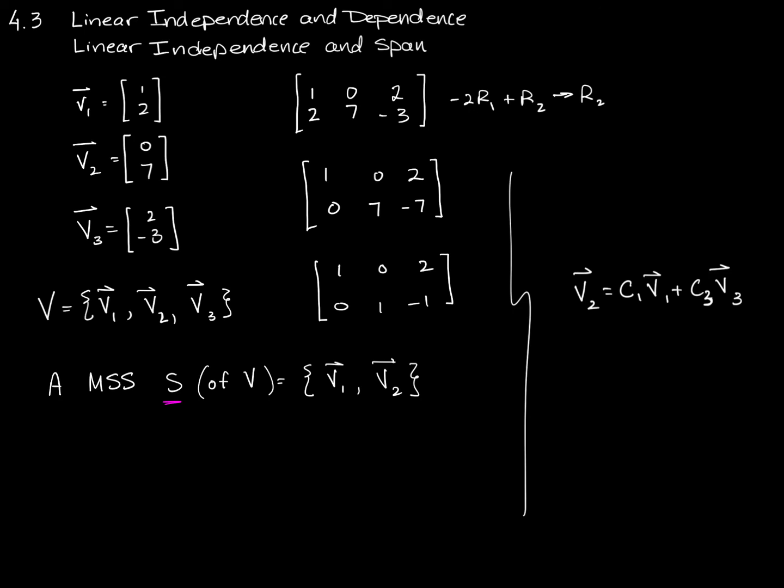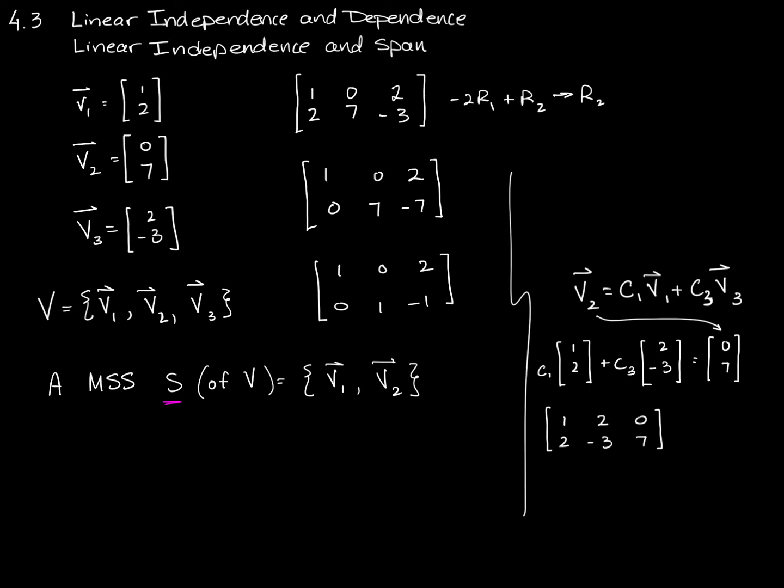I chose it specifically because it was a linear combination of the other two. What are C1 and C3? Well, remember, we have a way to figure that out as well. I've moved things around here so that my V2 is over on the right-hand side. I have to be careful when I do this because what I'm looking for is the constants, the scalars or the weights, right?